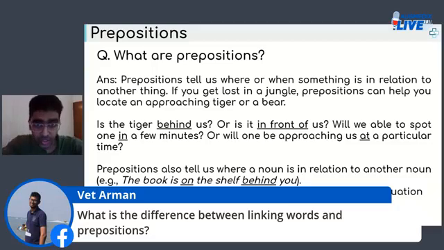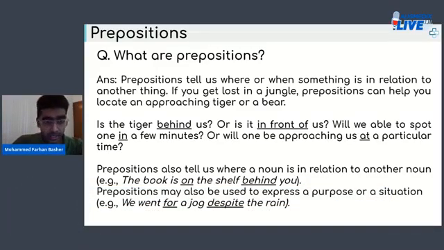Here, at is a preposition, and it is connecting the words or the phrases in the sentence. You see? Let me know if you aren't clear. I'll try to clarify again if need be. Now moving forward to the next slide.